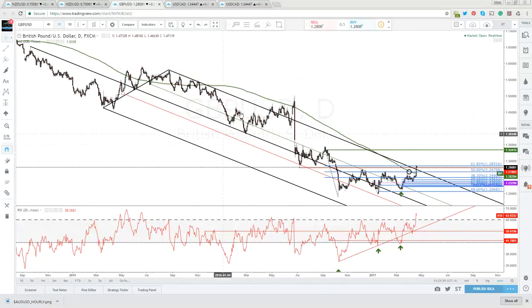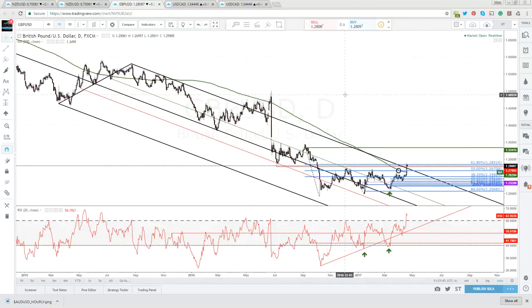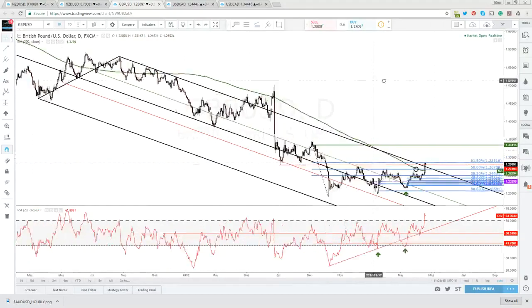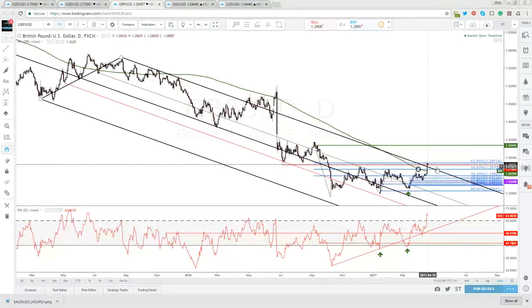British pound. This fork, you know, very nice. Been following it for a long time. We went out of this fork.